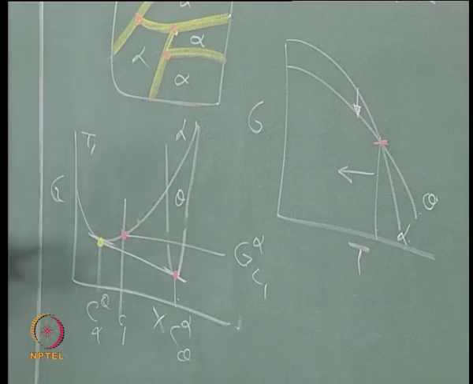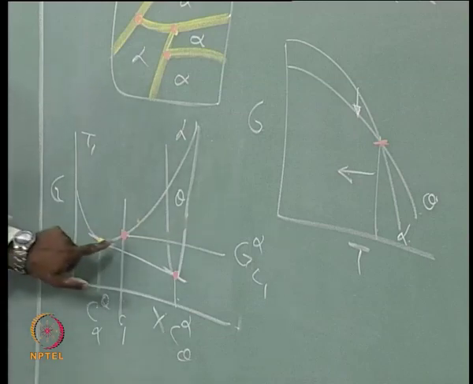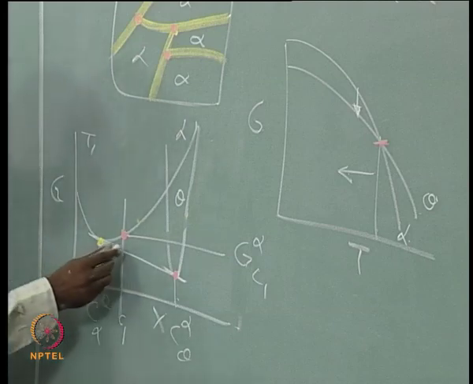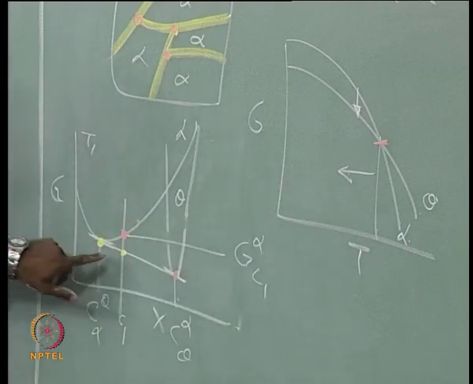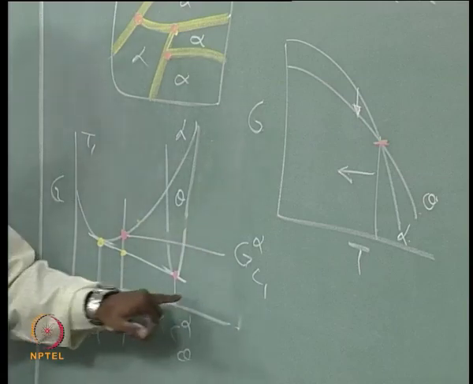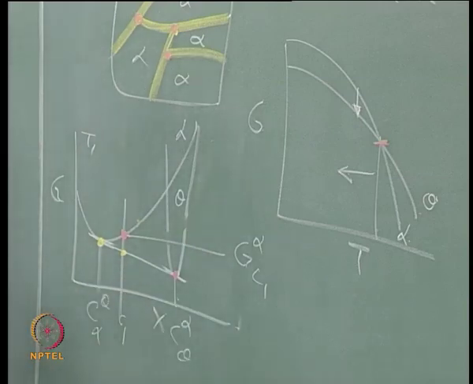Now if you carefully look at it, that value is higher than the free energy of the two phase mixture, which is given by this point. The common tangent line, which is a straight line, gives you at any composition between the two the free energy of the two phase mixture.